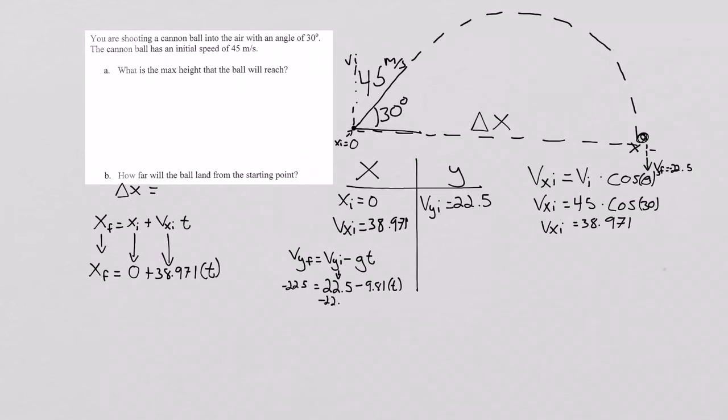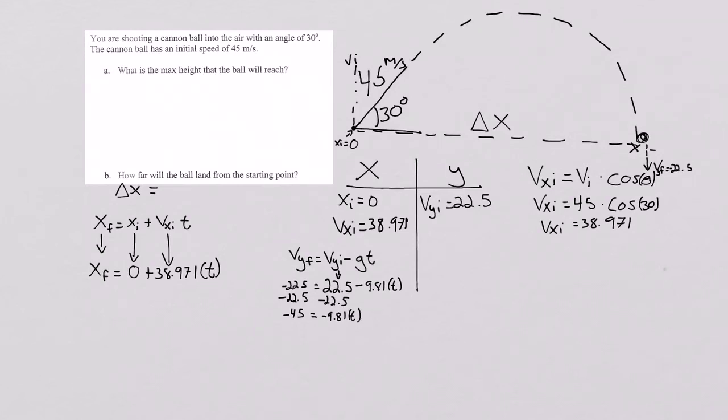Subtract 22.5, and you will be given negative 45. Don't forget that negative, because we are subtracting them, the negatives do not go away. So negative 45, nice and easy, equals negative 9.81 multiplied by t.